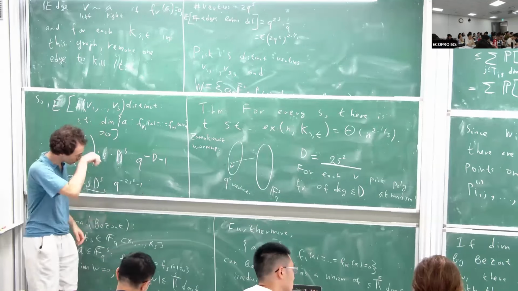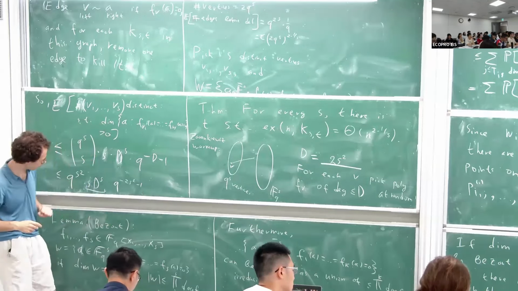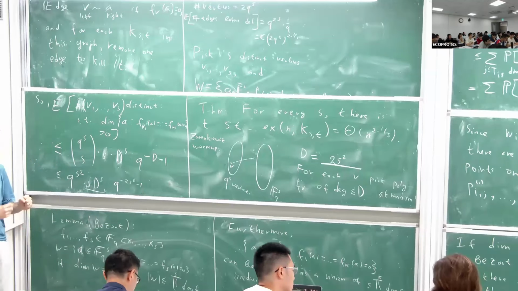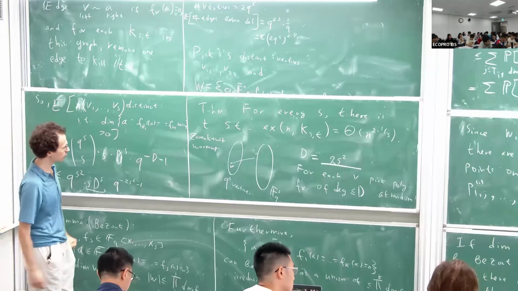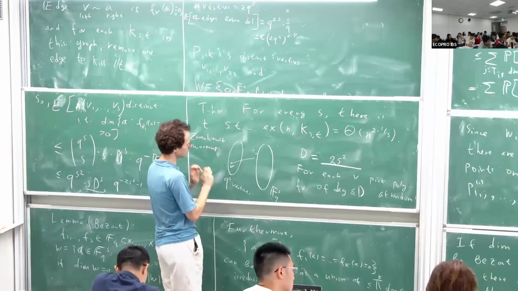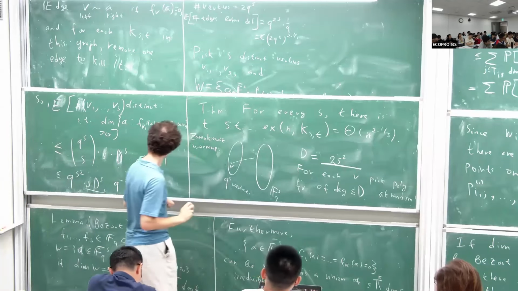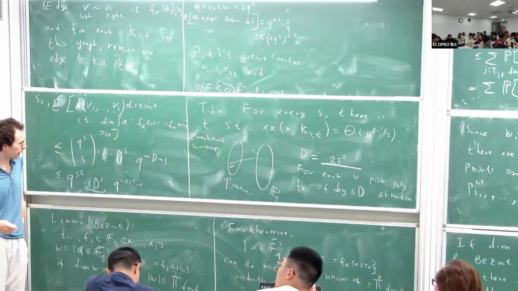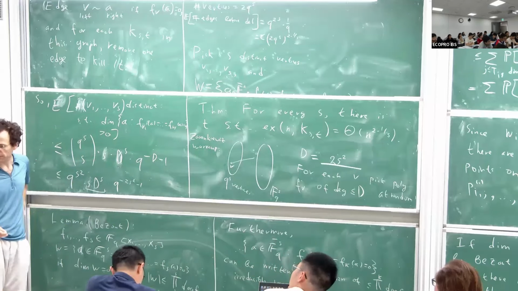Okay, so this finishes the proof of this Zarankiewicz warm up. We have constructed the graph which doesn't contain K_{S,T}, S on the left, T on the right, and it has the right number of edges.